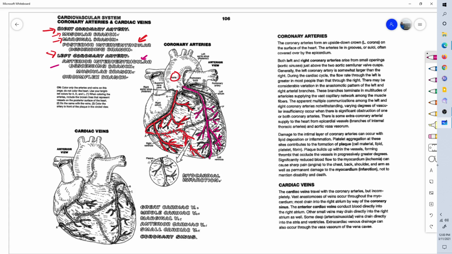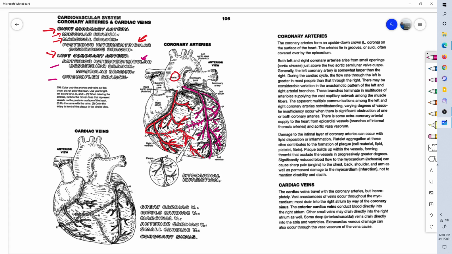And the circumflex branch. Going around, circling around the backside, certainly giving off arterioles on the backside too.